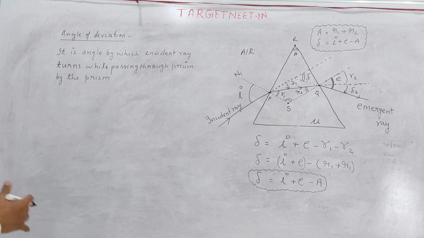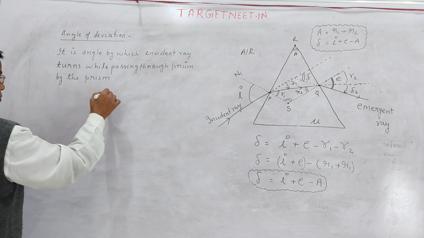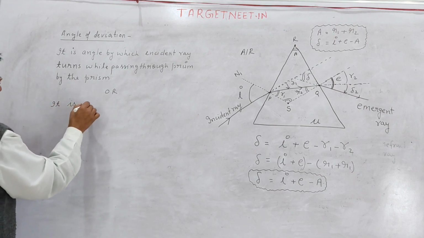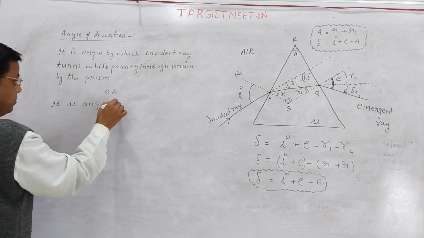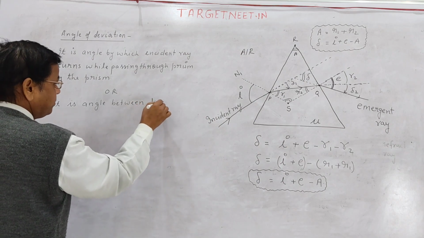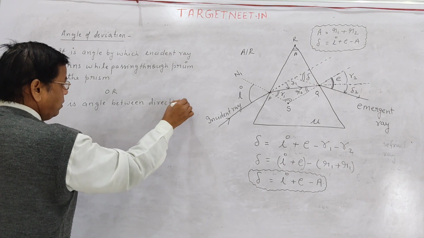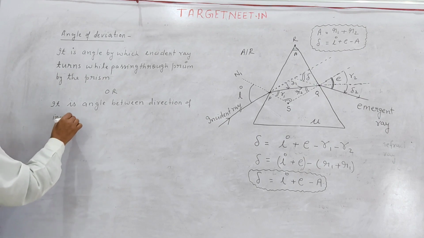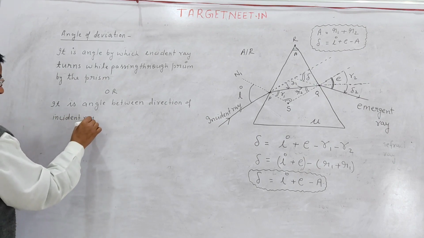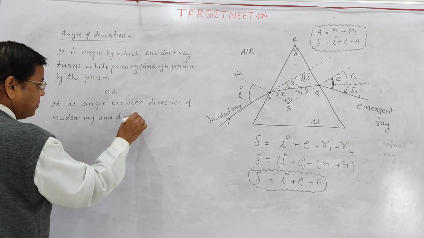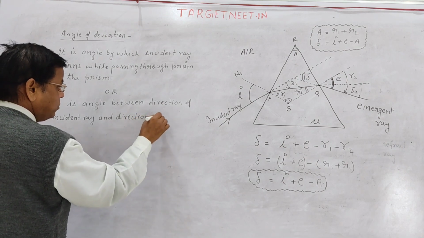We can also define it like this: it is the angle between the direction of the incident ray and the direction of the emergent ray.